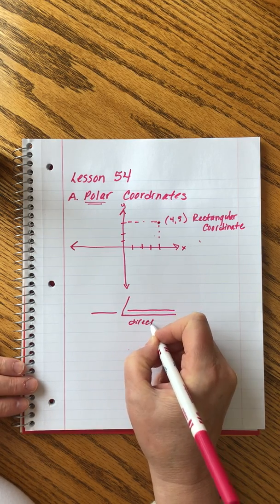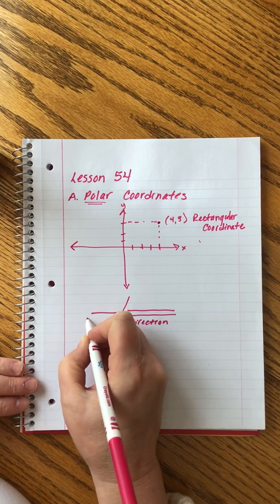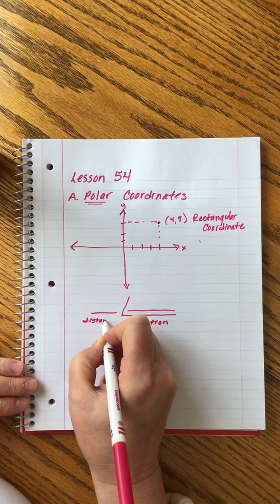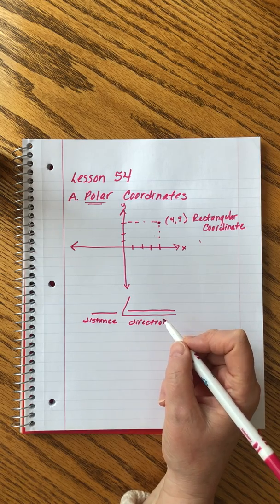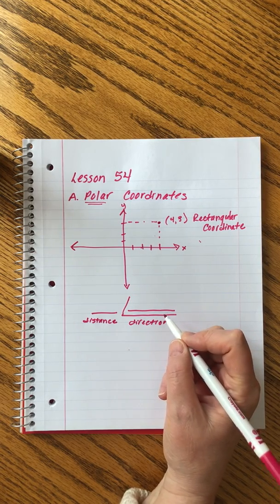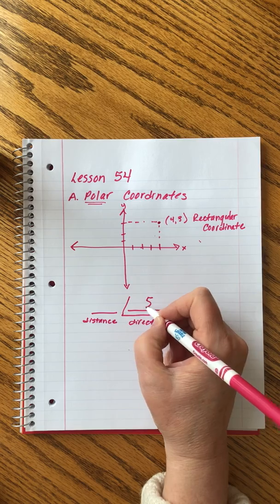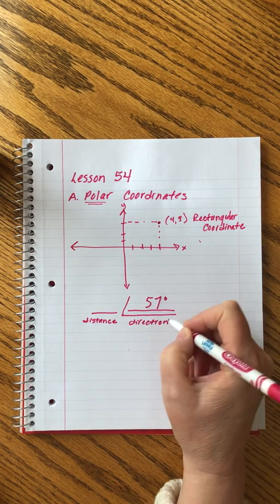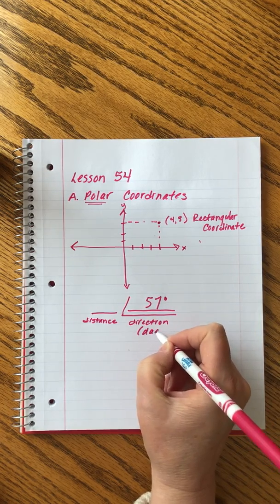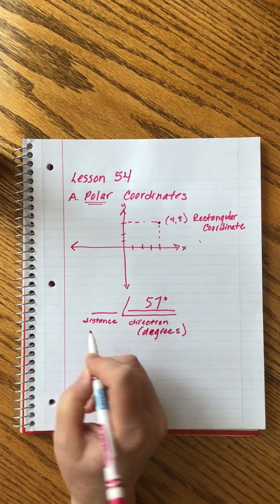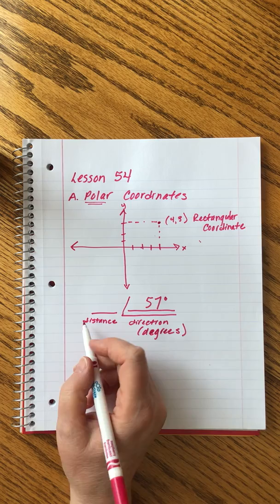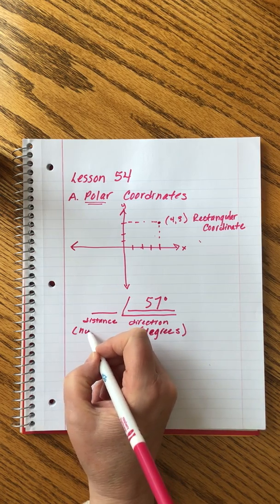direction and a distance. The direction, I'm going to use our first example, is always measured in terms of degrees. And our distance is measured as a hypotenuse.